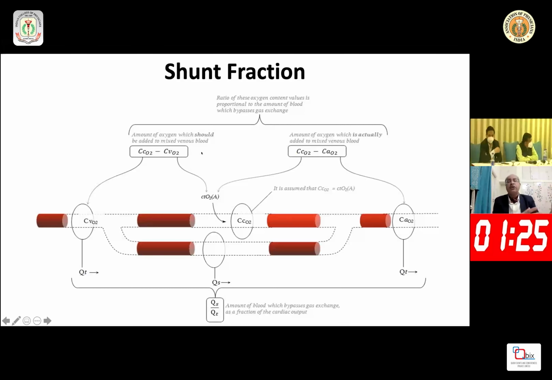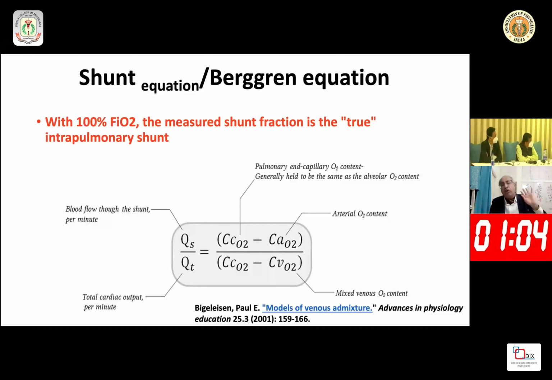The difference between the post-pulmonary capillary and arterial content, as a ratio to the post-capillary minus venous content, is called the shunt fraction. You give 100% oxygen and then try to find out the true intrapulmonary shunt. Normally 2 to 3% shunt is there.